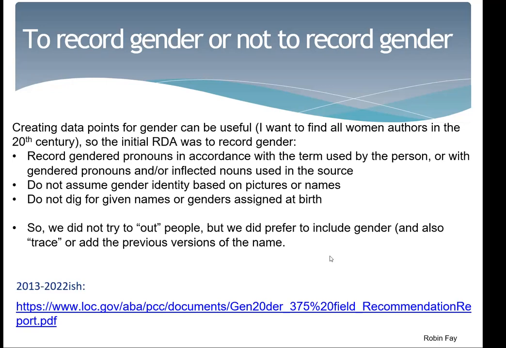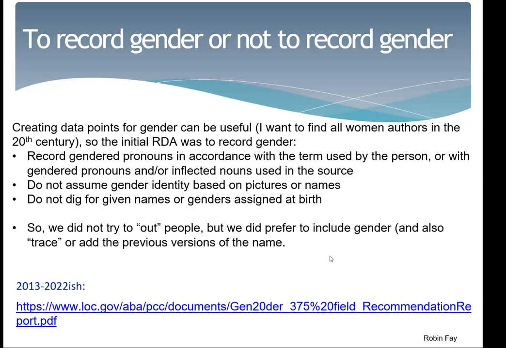I really can't, right? So the guidelines were to record gendered pronouns according to the term the person uses or what's in the source. That gave a little bit of leeway, that you could make an assumption based upon the resource itself.